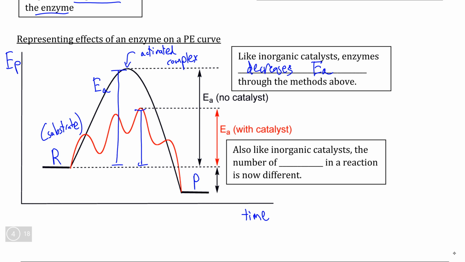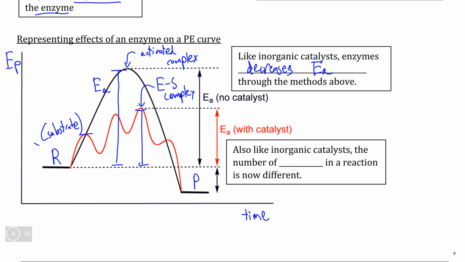So the highest point that our potential energy requirement is now is here, and this is equivalent to our enzyme substrate complex, because remember, the job of the enzyme is to grab hold of our substrate, put it in the active site, and hold it in a specific position that makes it more likely to react, therefore decreasing the amount of energy we need to add in order to get this chemical reaction to start.